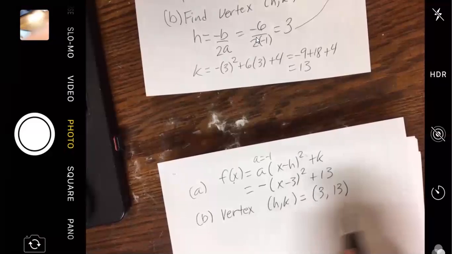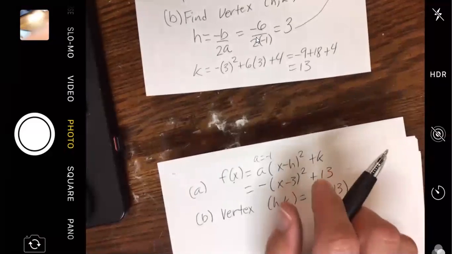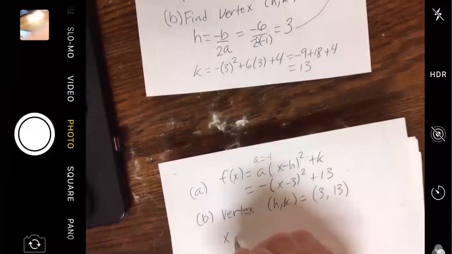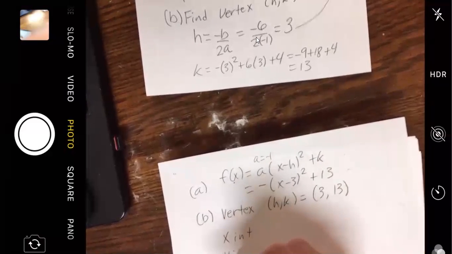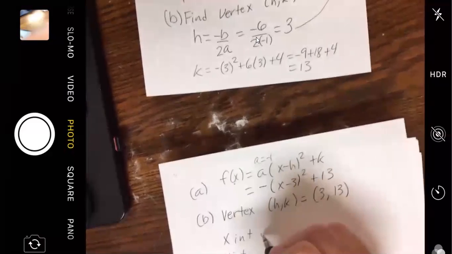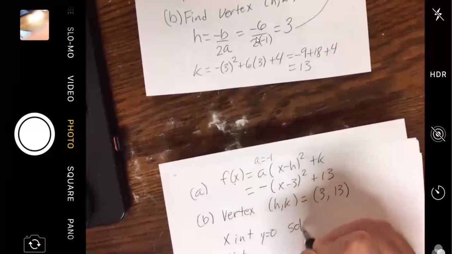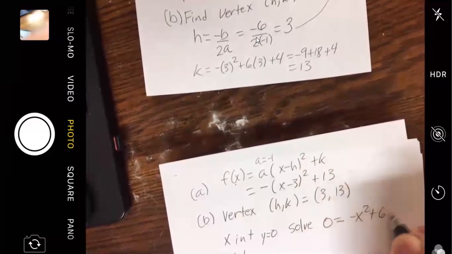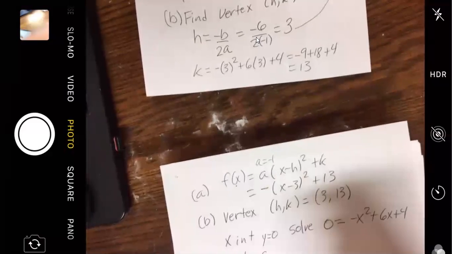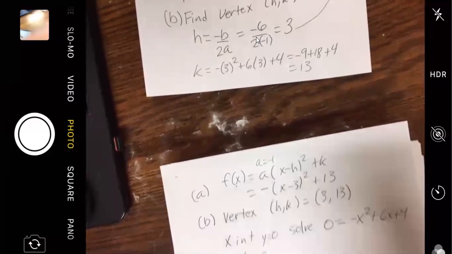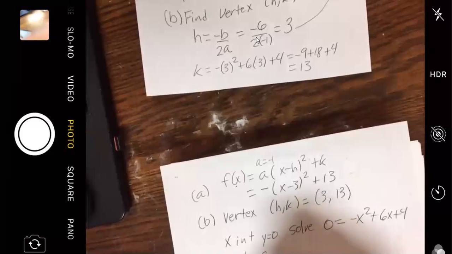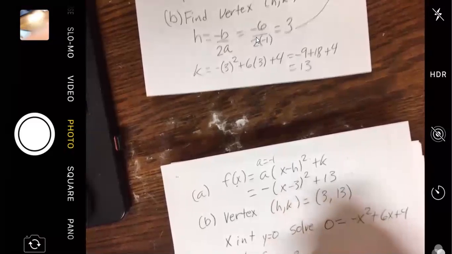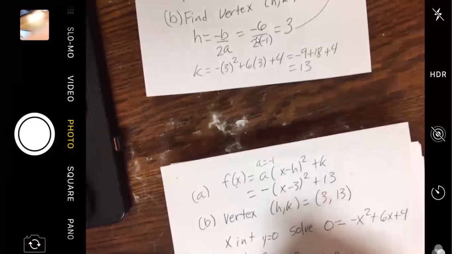Now, also in B, they want x and y intercepts. For the x-intercept, y is 0, and so you wind up solving 0 equals negative x squared plus 6x plus 4. The y-intercept equals c. X is 0, so when you have y equals negative 0 squared plus 6 times 0 add 4, y equals 4.